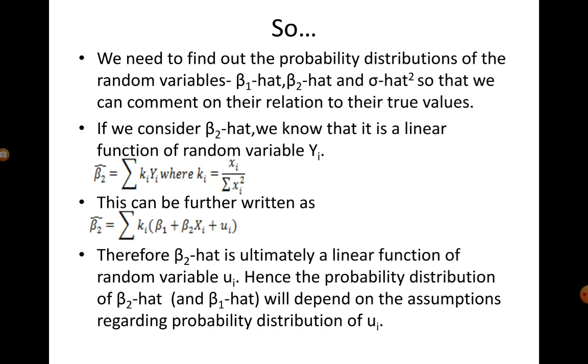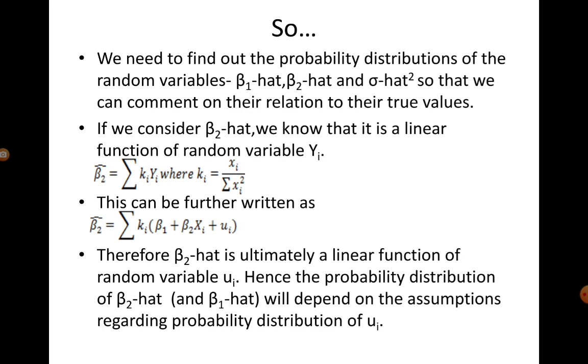In the formula of beta 2 hat, my ki is a function of small xi. Since the x variables are considered to be non-stochastic and ki is a function of these x variables, ki is also non-stochastic. By non-stochastic, I mean not random, right? They are fixed or they are set.